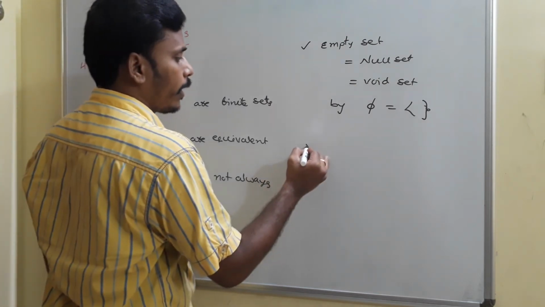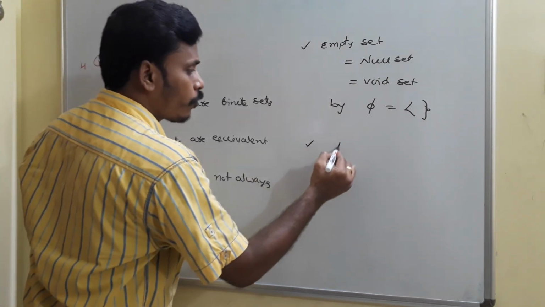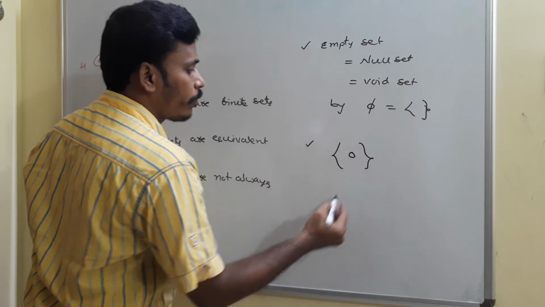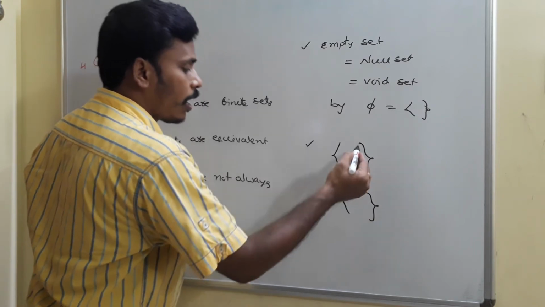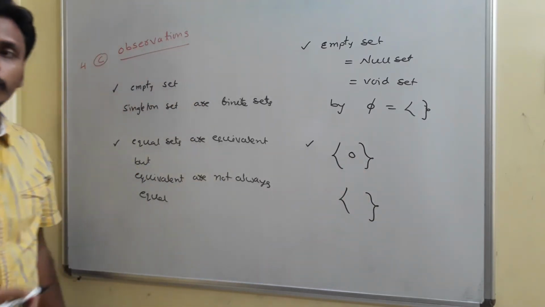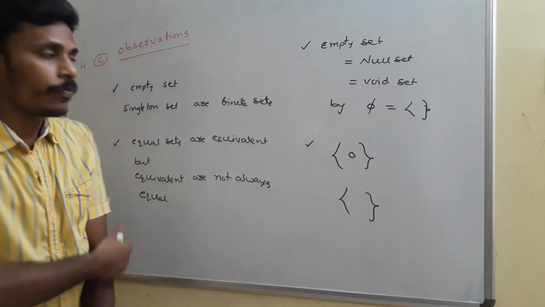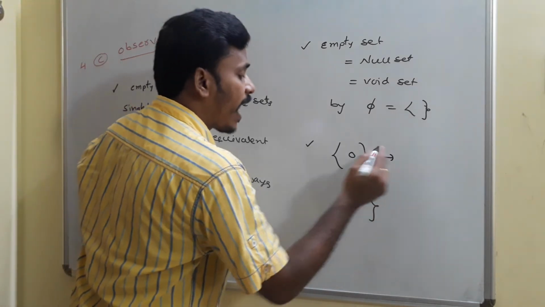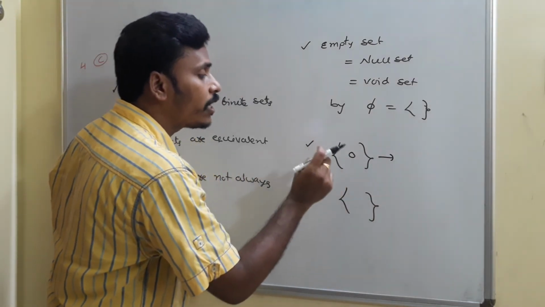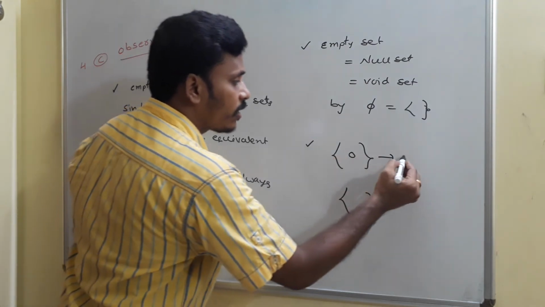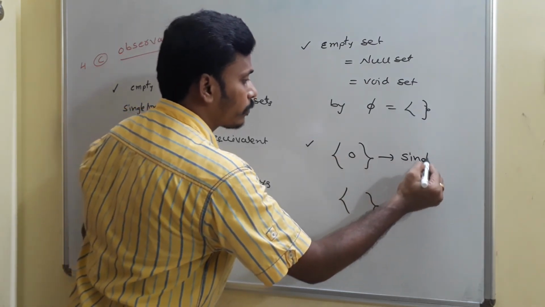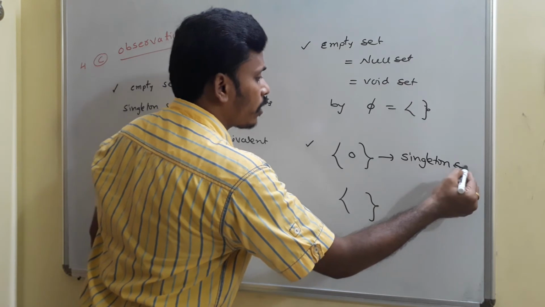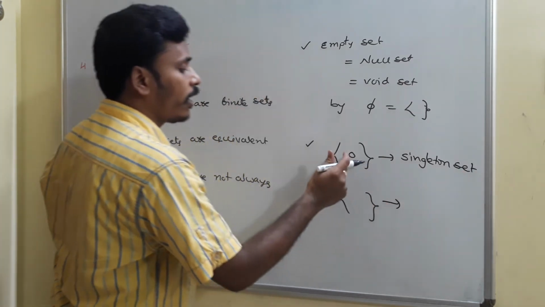And the next thing is, if you have a set containing 0 and if you have an empty set, is there any difference between these two? You need to think about the difference. This is a set having one element, and that element is 0. This is a singleton set. In most cases students may get confused between these two.